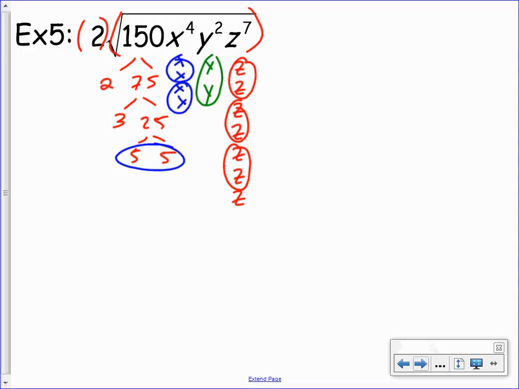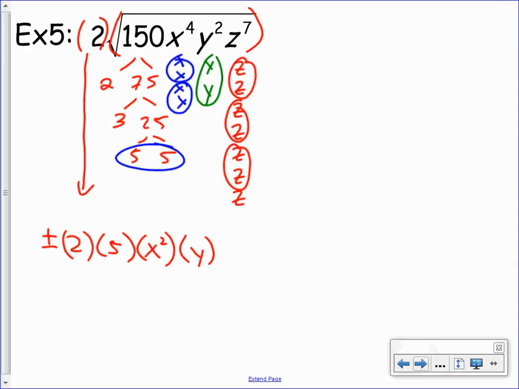Remember the 2. Don't forget that 2. So it's plus or minus 2. From the 150, we had a set of 5, so the 5 can come out. We had 2 x's, so I'll write x squared. We had 1 set of y's, so just 1 y. And 1, 2, 3 z's, so I'm going to go z cubed. Inside the radical, there was a 2 that didn't get to come out, so I need a 2, a 3, and a z.